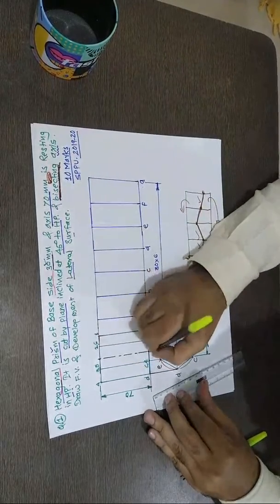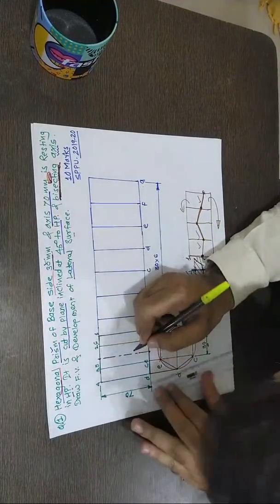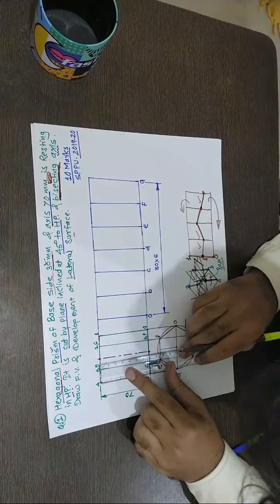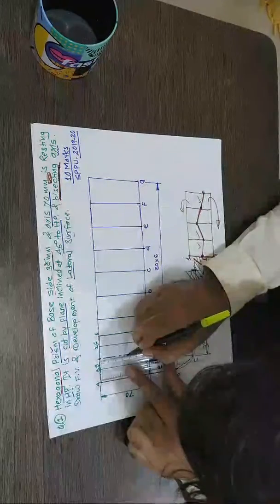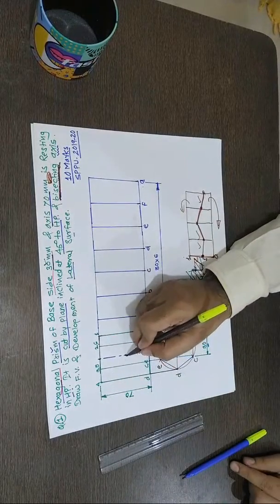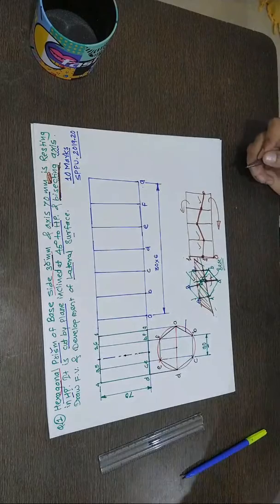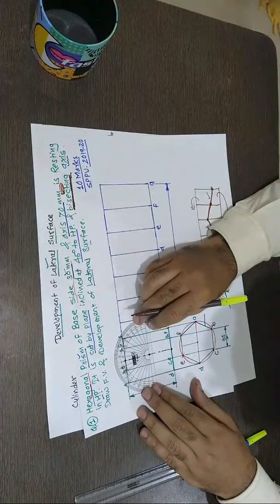So this is my axis, 70. Bisecting means its midpoint. So I'll take the 70 midpoint. This is the midpoint of this prism here. Now take this D and take a 45 degree angle here.